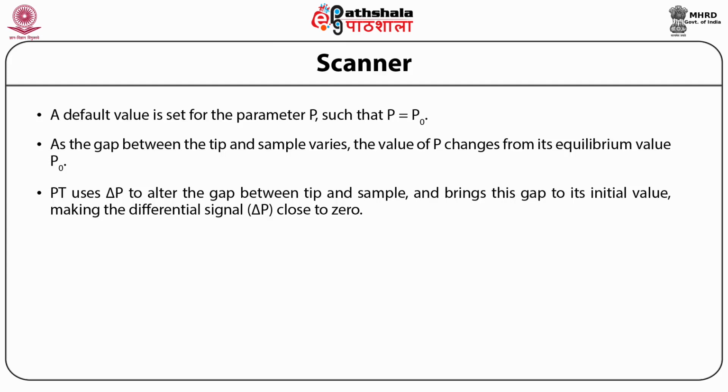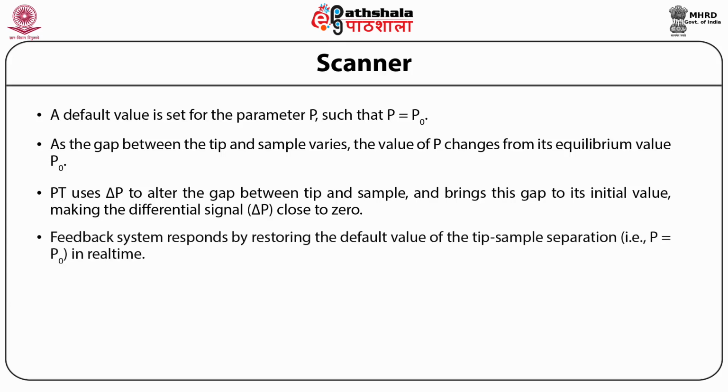As the tip is moved across the surface of the sample, its topography alters the interaction parameter P. The feedback system responds by restoring the default value of tip-sample separation, that is P equal to P0, in real time.